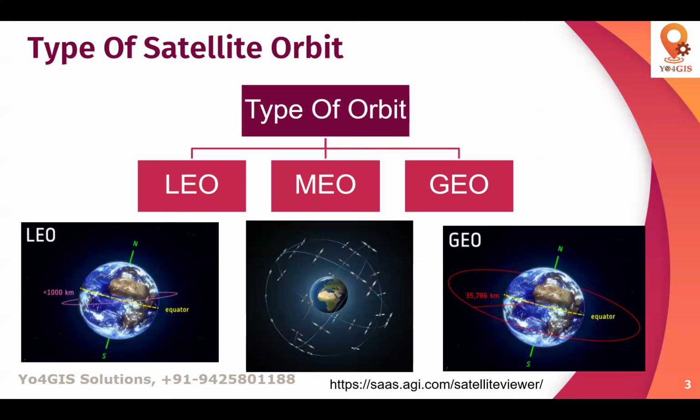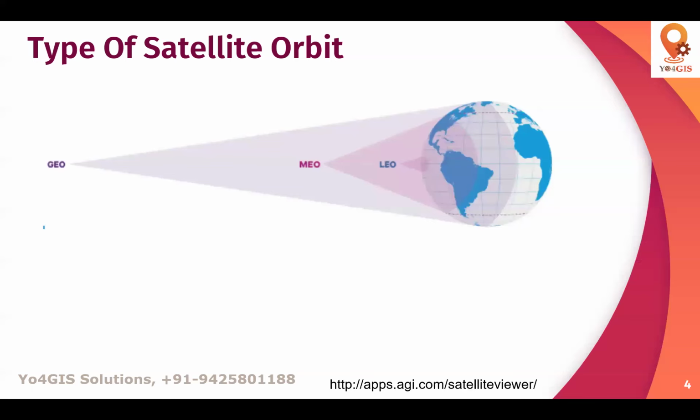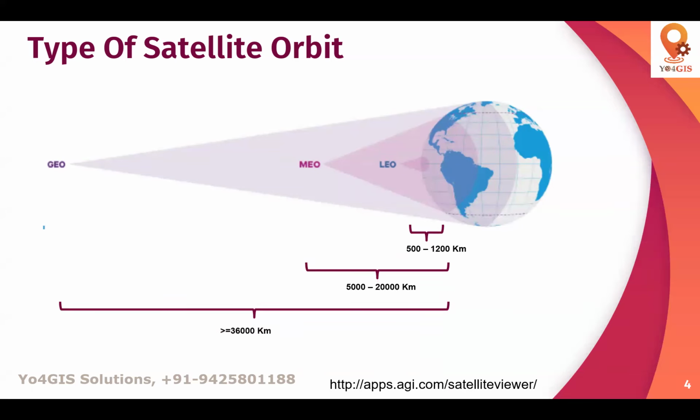Now the thing is, what is the meaning or purpose of these three types of satellites? First of all we have to know the approximate height of these satellites, or the approximate distance of these satellites from the earth.